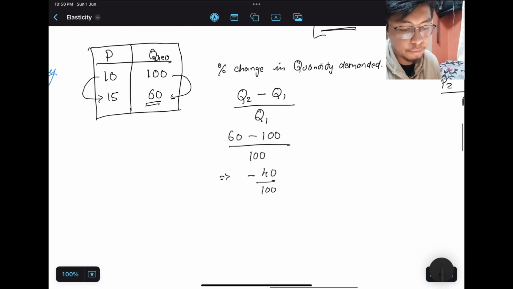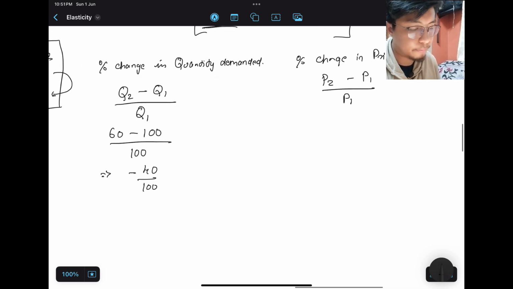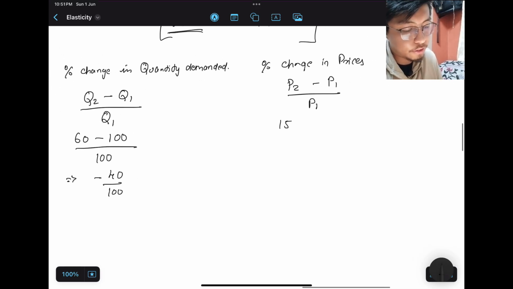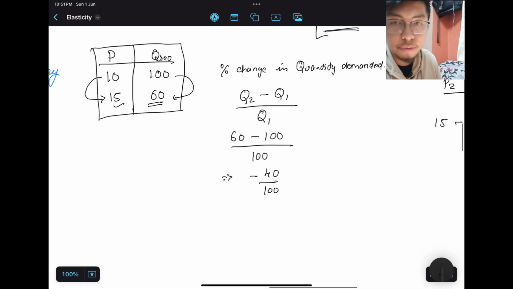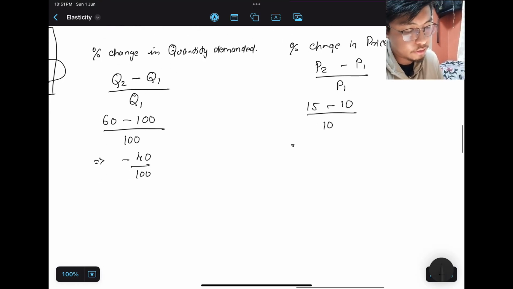What is P2 here? P2 is 15, because the price changed and reached 15. So 15 minus P1, which is 10, upon 10. So this becomes, no sorry, this is plus only, 5 upon 10.